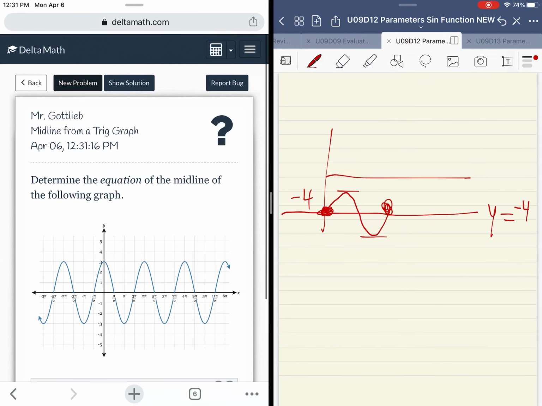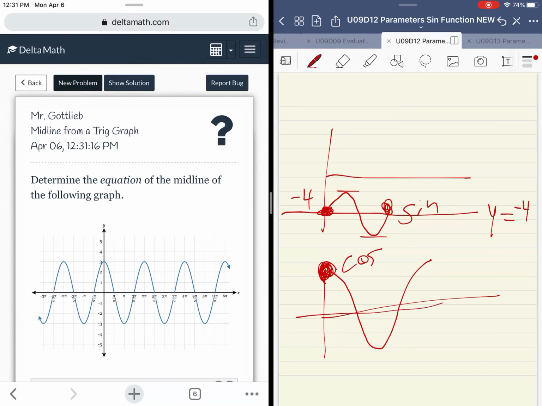If we saw this graph, this is a cosine curve. We can tell because it starts at the top. If it starts in the middle of the graph, it's a sine curve. If it starts at the top, it's a cosine curve. So it starts at the top, goes down, and goes back up.